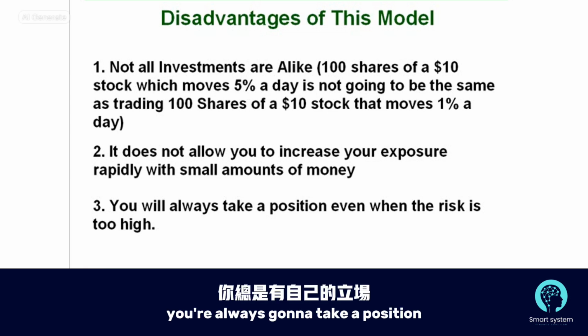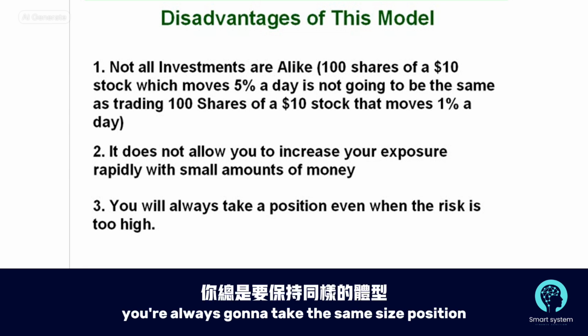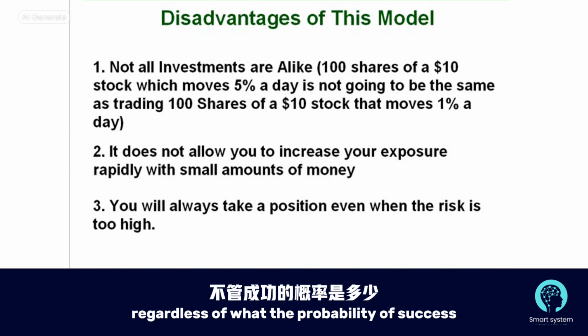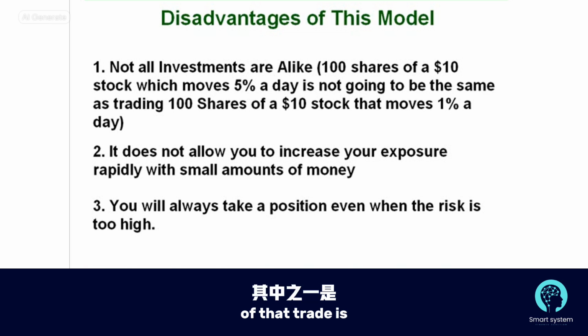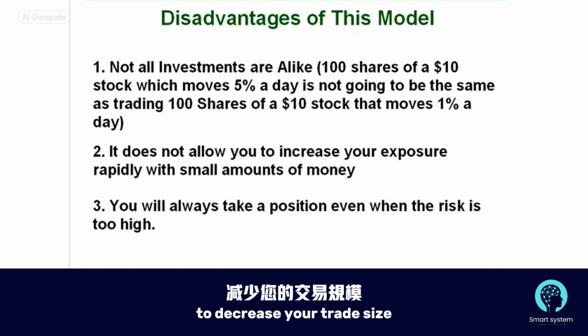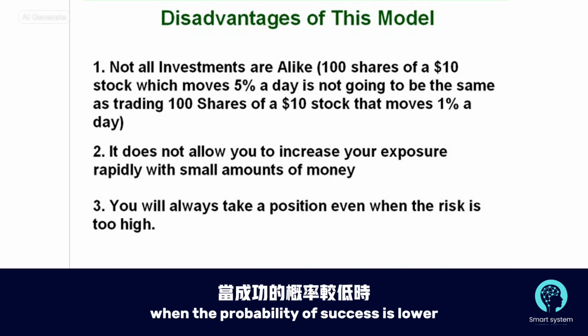With this model, you're always going to take a position, and on top of that, you're always going to take the same size position, regardless of the probability of success of that trade, so it doesn't allow you to decrease your trade size when the probability of success is lower, and increase your trade size when the probability of success is higher.